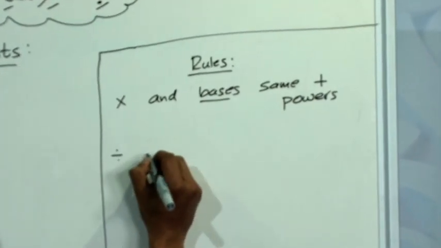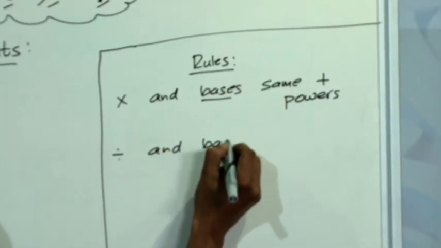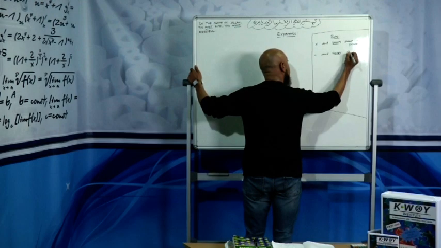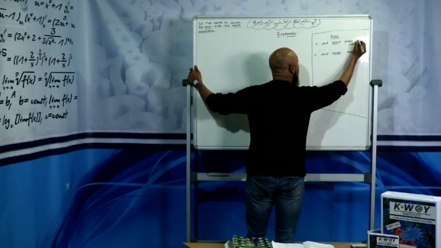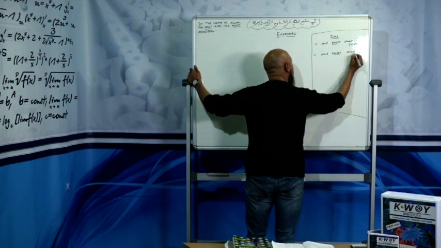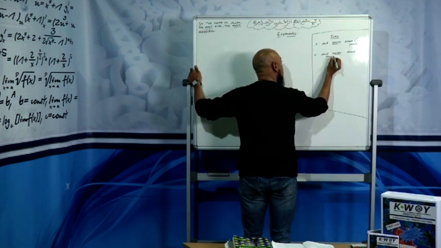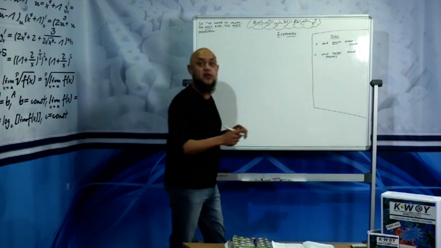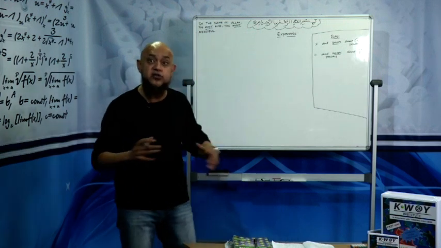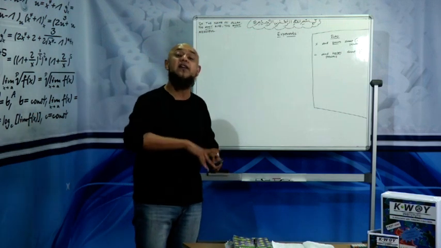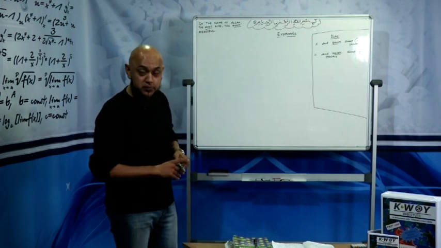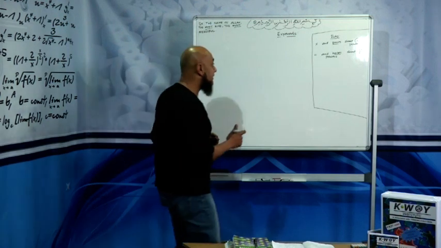When we divide and bases are the same, we subtract powers. We're going to be doing some examples of each of these types of rules, and then we're going to throw you into the deep end and give you some of the most hectic ones that you possibly could see in the examination.